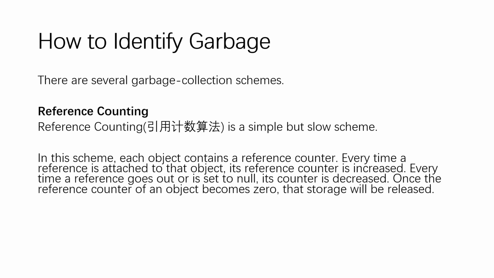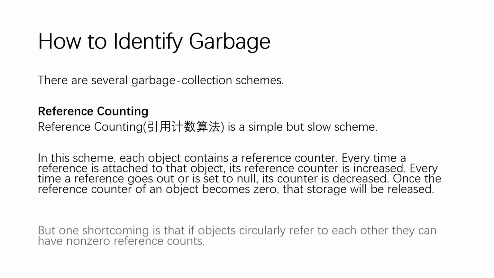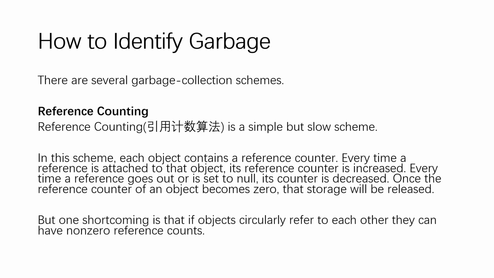Every time a reference goes out or is set to none, its counter is decreased. Once the reference count of an object becomes zero, that storage will be released. But one shortcoming is that if objects circularly refer to each other, they can have non-zero reference counts.